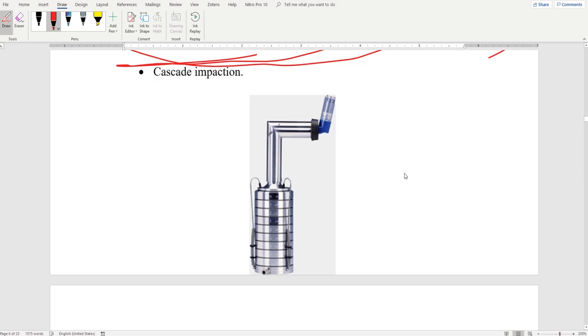Cascade impaction. Now this is particularly useful for aerosols. And specifically I'm talking about powder inhalers or pressurized metered inhalers. As you can see here, we have an inhaler or even a nebulizer, and this is something that resembles or is similar to the lungs.